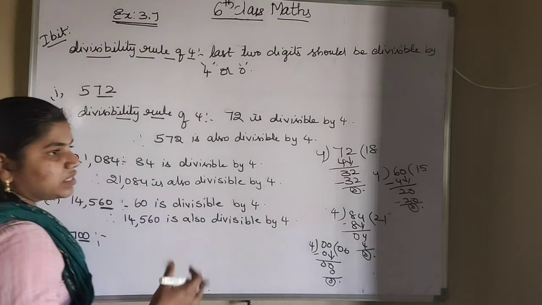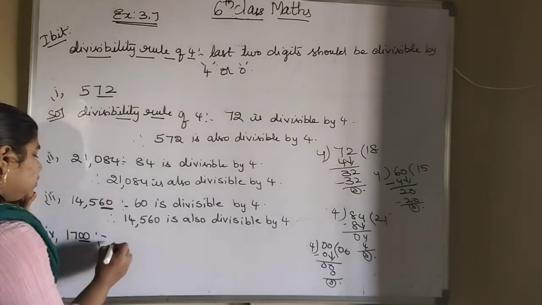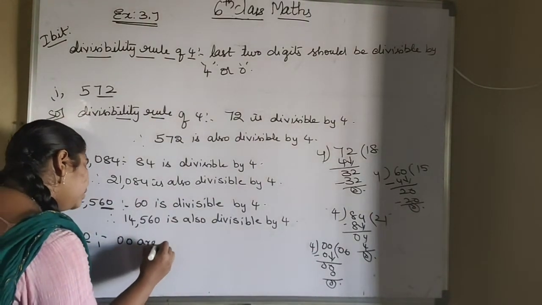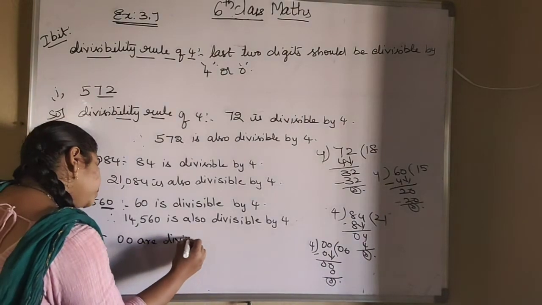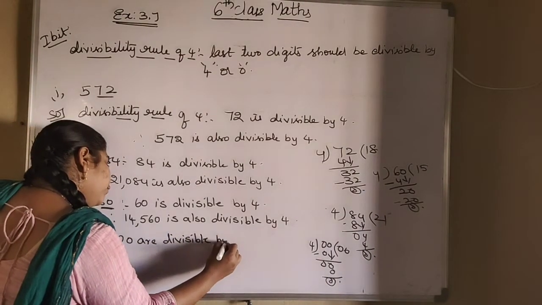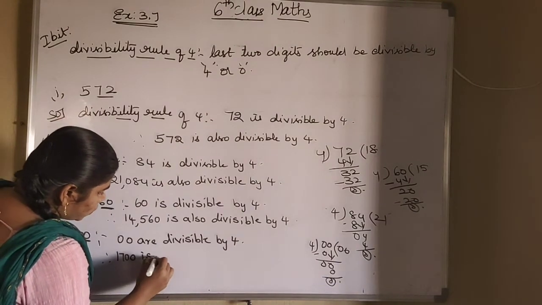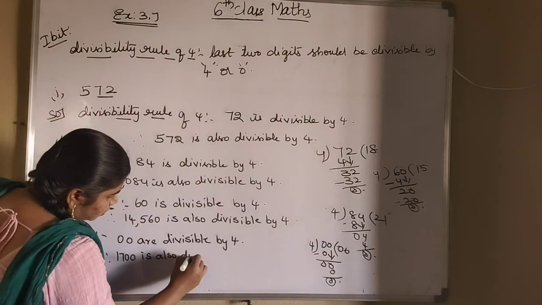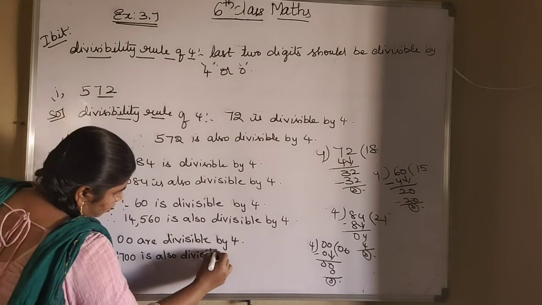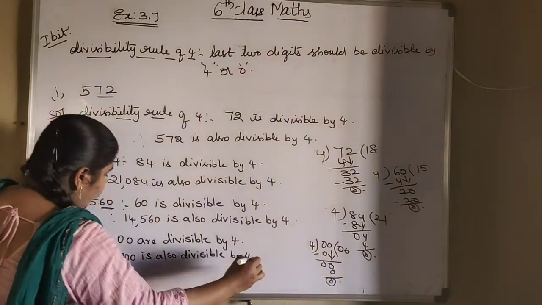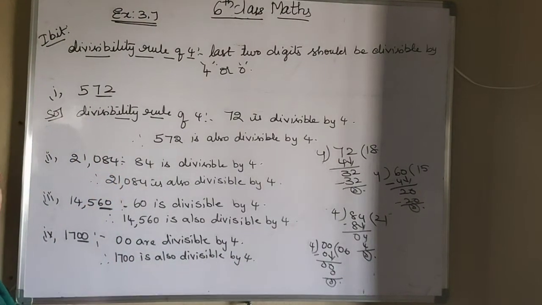If they are zeros, that will be divisible by 4. So here 00 is divisible by 4, therefore 1700 is also divisible by 4. So this is our fourth question.